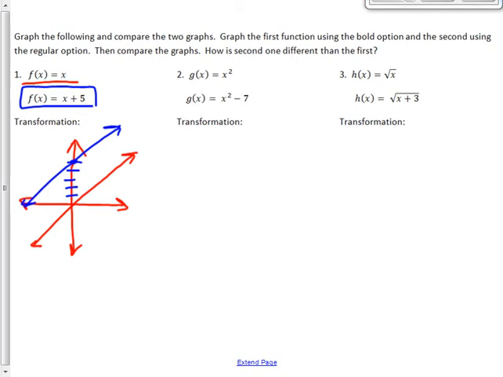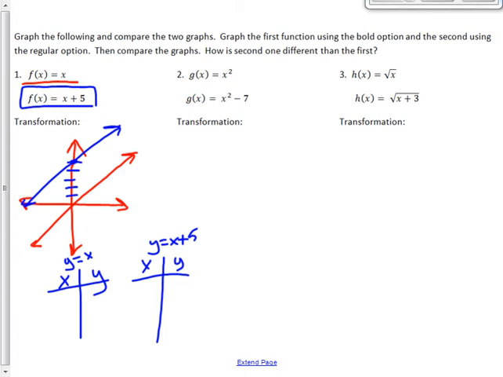So the bottom line is you could always go in and just create an XY table for x, and you could always create a table for x plus 5, and then you could just graph the two, and that would be fine. There's absolutely nothing wrong with that. The problem is that if you choose to do that, you're choosing the slow way of doing that.